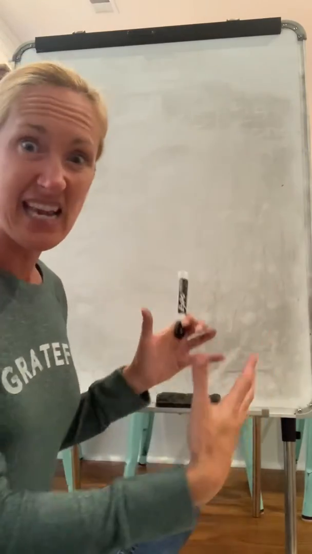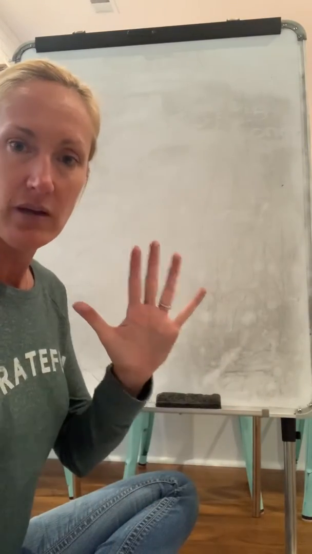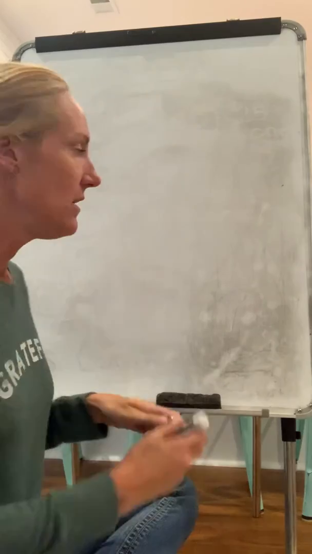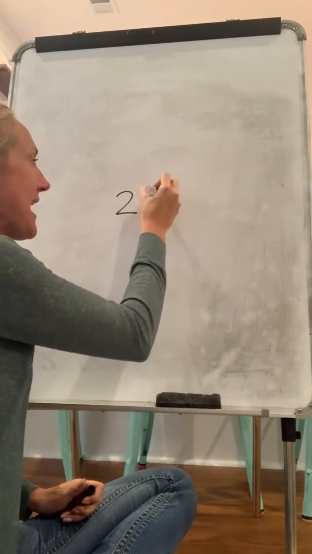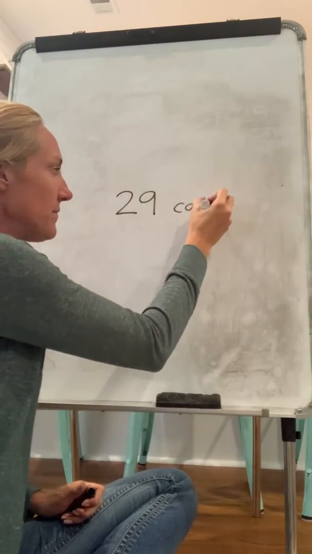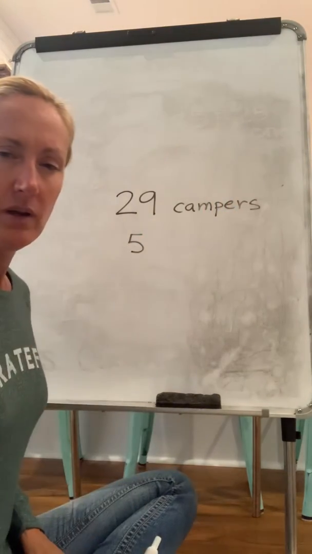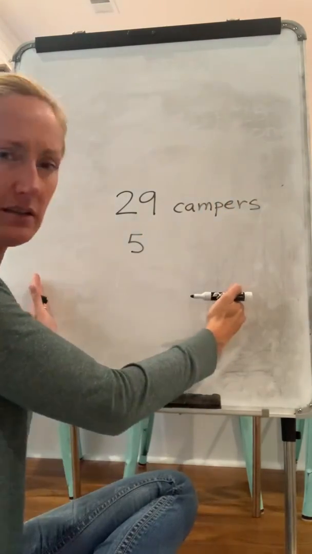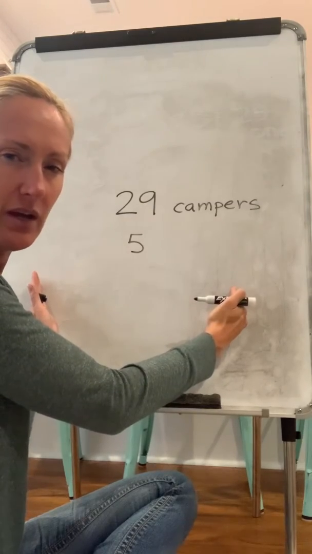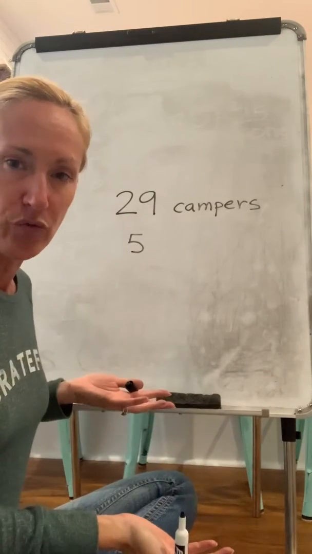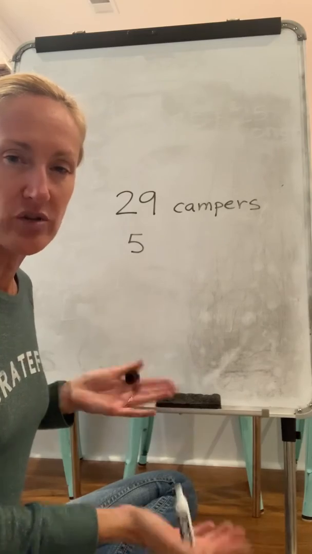And we have some big tents that'll sleep 5 campers in each tent. Okay, so we have 29 campers. And we're going to put them into tents in groups of 5. How many tents can we have of 5? And is there anybody who's going to be left over? Are we going to have to put some leftovers in another tent?